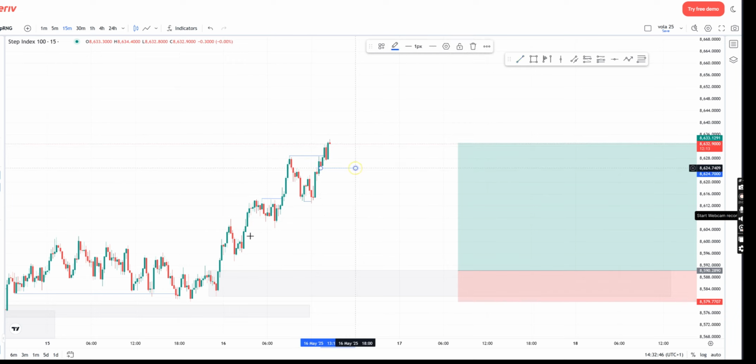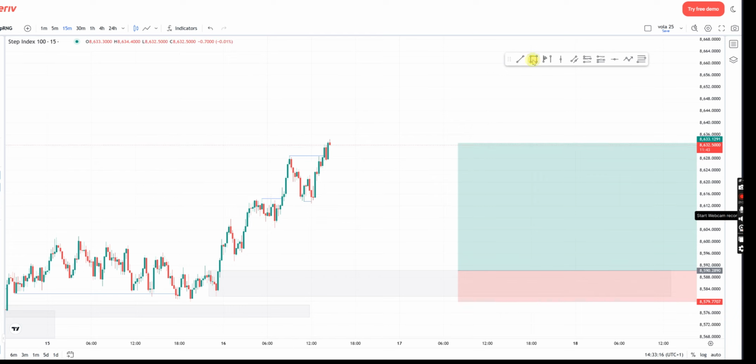This is very far from my POI, so I can't take this as my structural liquidity. Assuming it came down a little into this area here and then made this move, yeah, I'd continue buying because I've seen the sweep of liquidity here. But because I don't have any structural liquidity, some people will say there's a low here for you to buy from.